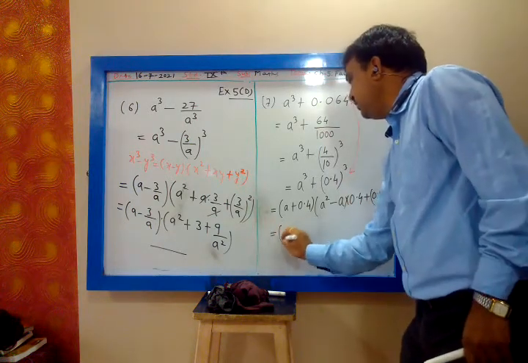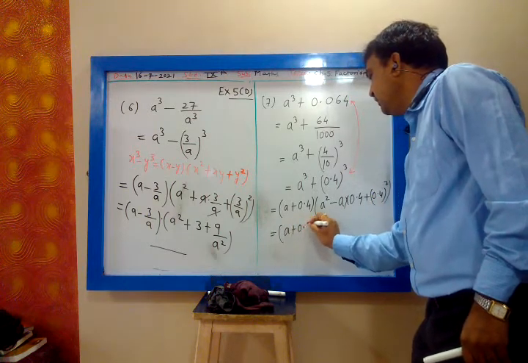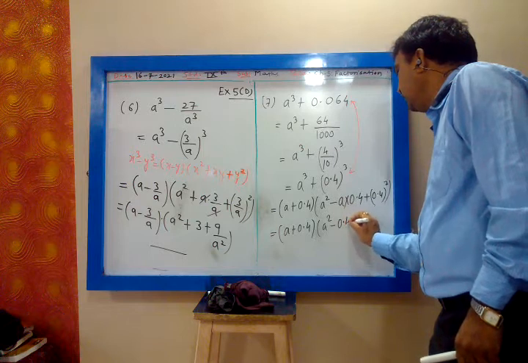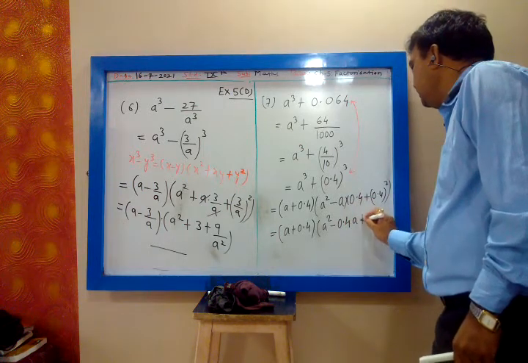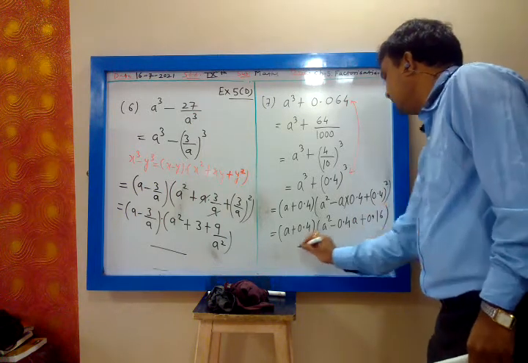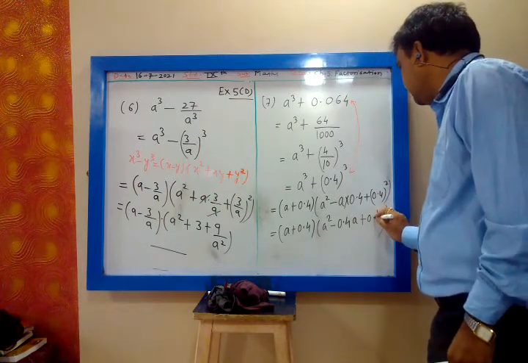So that is a plus 0.4 into a square minus 0.4a plus 0.16. And this is the answer.